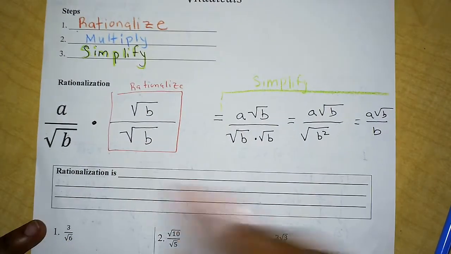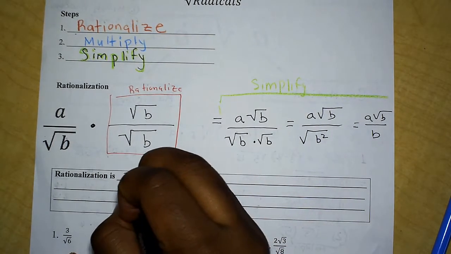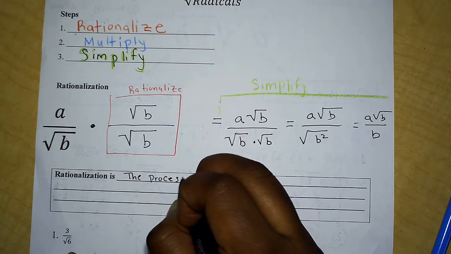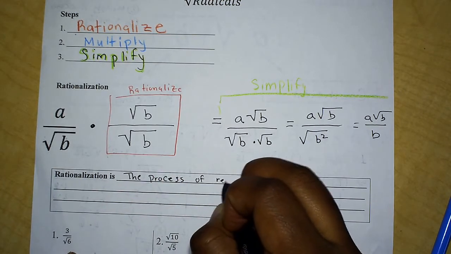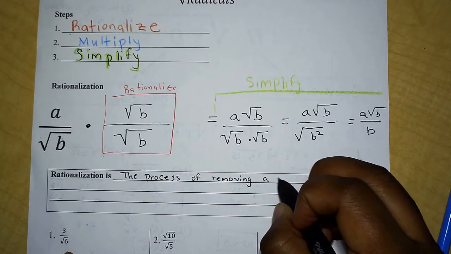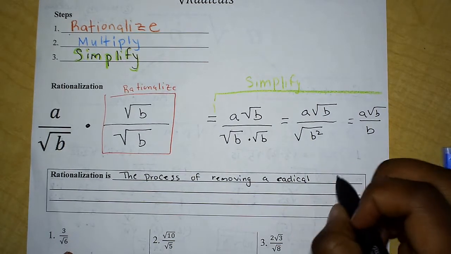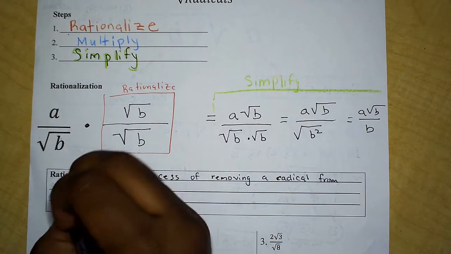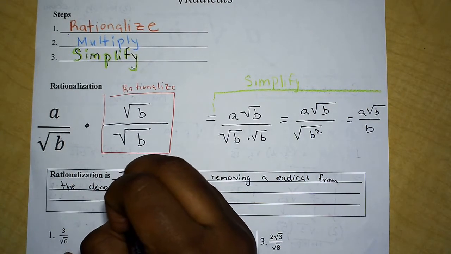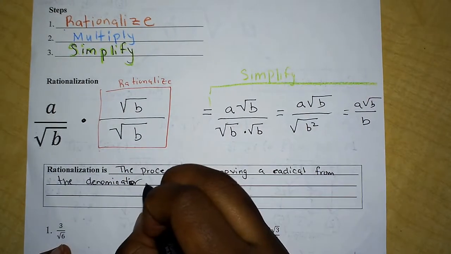So rationalization is the process of removing a radical from the denominator. Y'all know I can't spell.